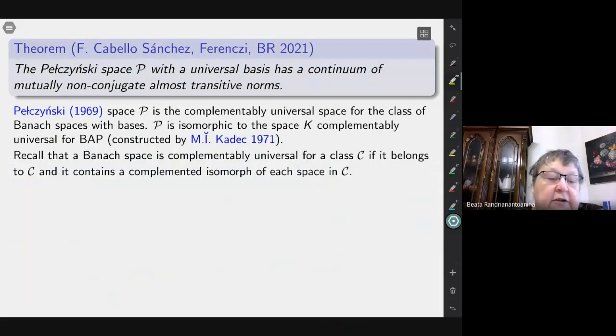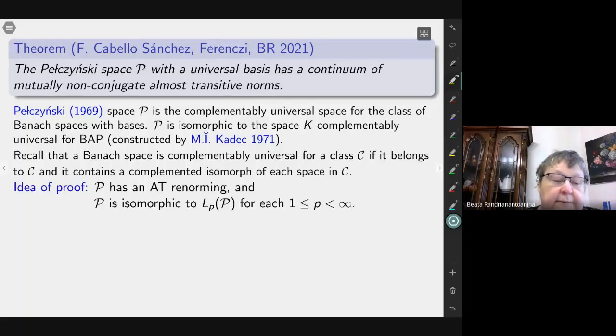And then there is a Pełczyński space with a universal basis, which has a continuum of mutually non-conjugate almost transitive norms. I am kind of behind, so maybe I am not going to go through the proof of it. This is the rest of this slide. First there is a reminder of what this Pełczyński space is. So this is standard.